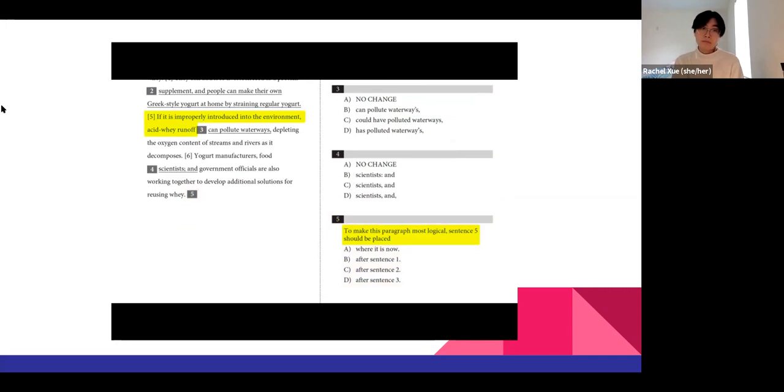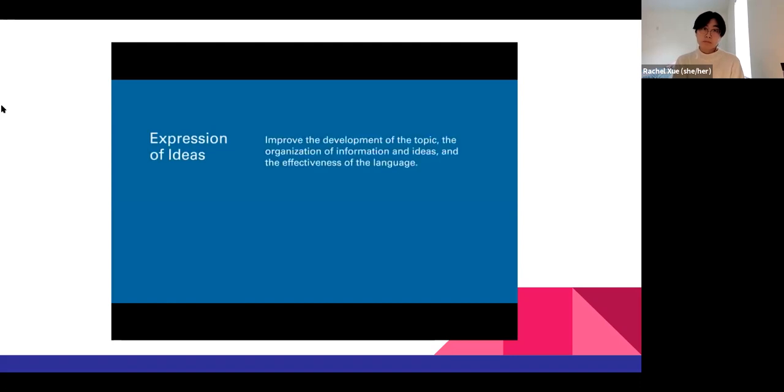All of the questions on this test are based on the context of the passages. You won't be tested on isolated skills or asked to identify specific grammar rules. There are 2 categories of questions. In the first, expression of ideas, you will be asked to improve the development of the topic, the organization of information and ideas, and the effectiveness of the language.